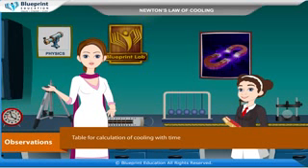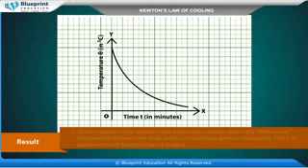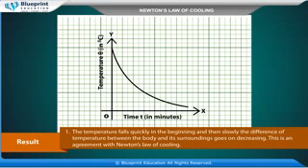Table for calculation of cooling with time: serial number, time t in minutes, temperature of hot water theta in degrees Celsius, theta minus theta 0 in degrees Celsius, log (theta minus theta 0).